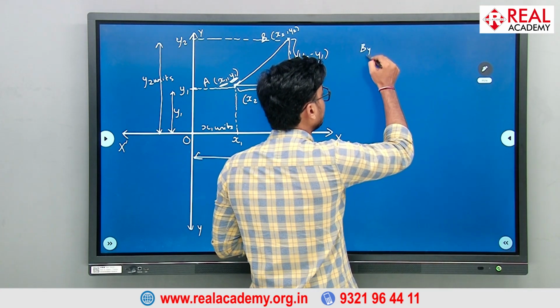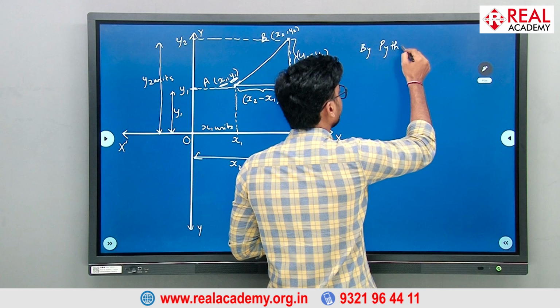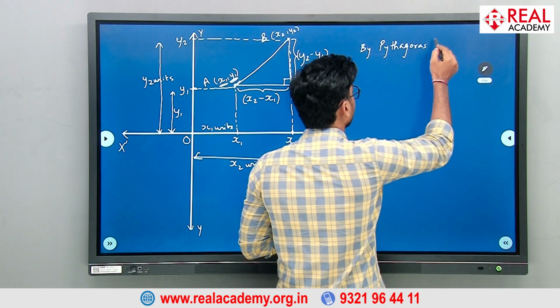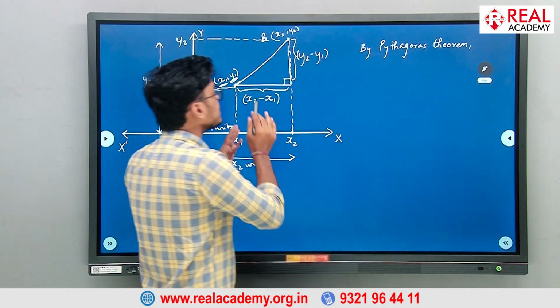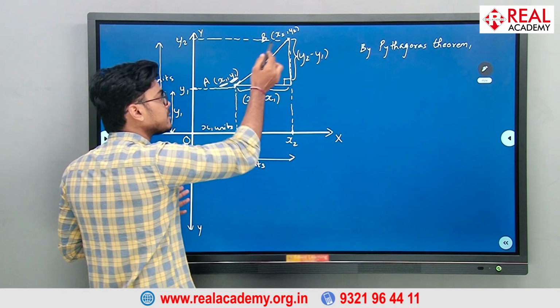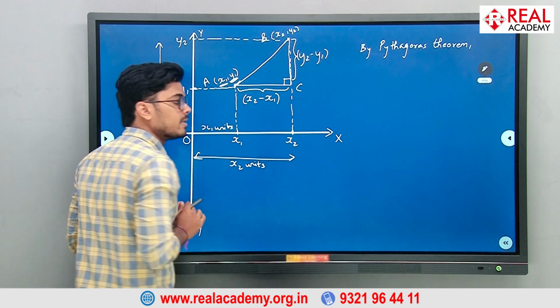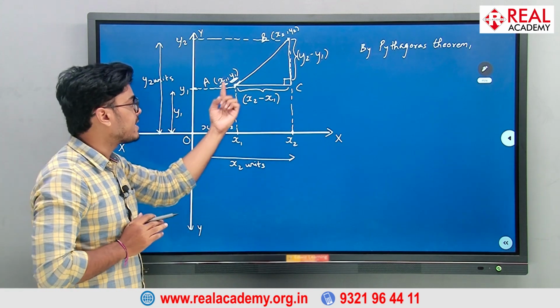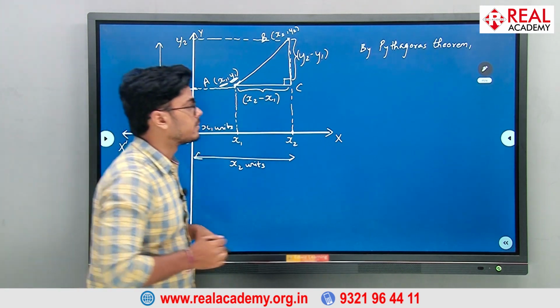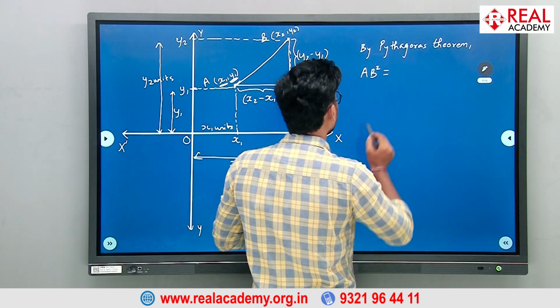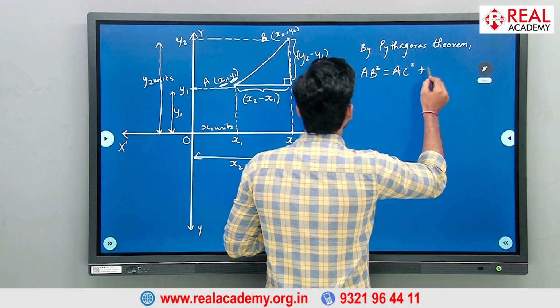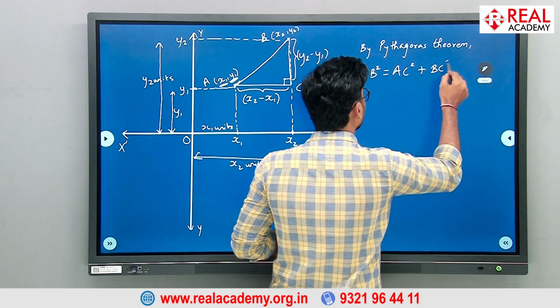By Pythagoras theorem, you can see in this diagram, this is point A, this is point B, and if I name this point C, by Pythagoras theorem we can say that AB square will be equal to AC square plus BC square, correct?